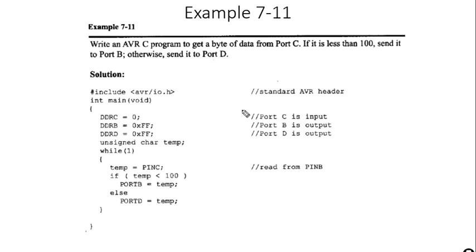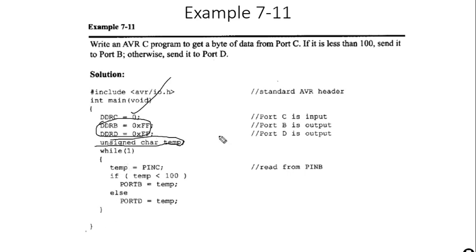In the next example, we have to get a byte of data from port C. If it is less than 100, send it to port B, otherwise send it to port D. The two ports used for output have their data direction registers initialized with 0xFF, so both are configured for output. Port C is input, its data direction register is 0. And an unsigned char is used for taking input.